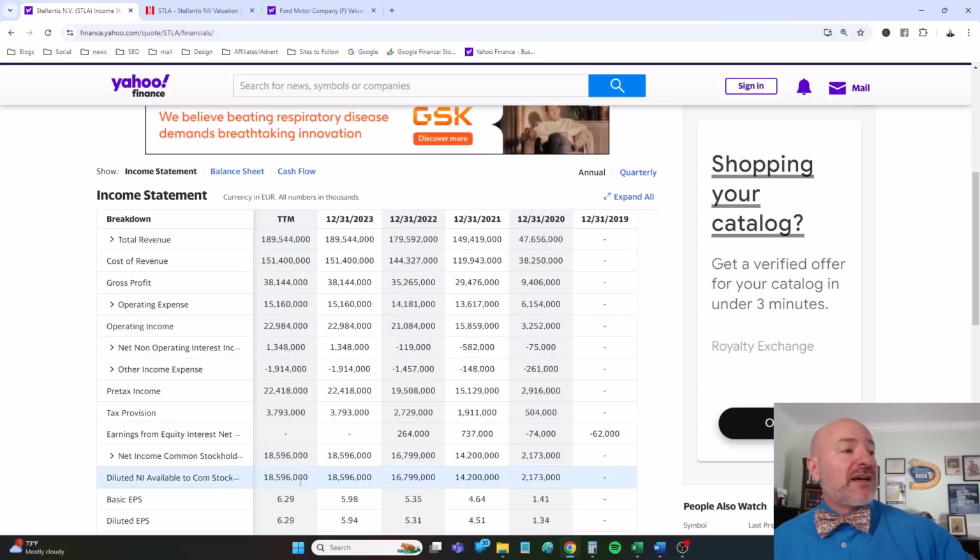So earnings per share is something you want to follow and understand, but it doesn't always reflect the reality of what a company is generating in income.